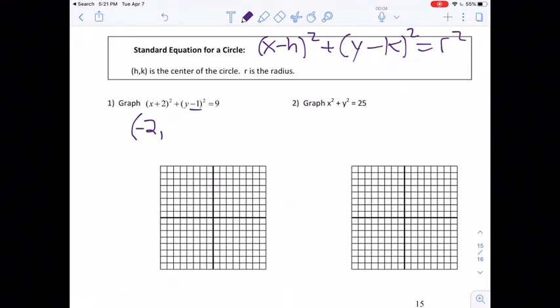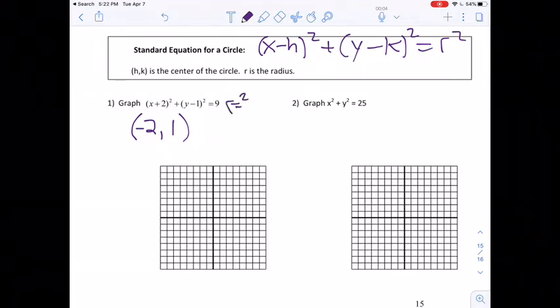Well, the formula is minus k, so that minus 1 means that's 1. So it's the opposite of those two numbers. You can also say it's the number that would make this 0, right? Negative 2 plus 2 is 0. 1 minus 1 is 0. So however you think about that, you could find the center just by doing the opposite of those two numbers.